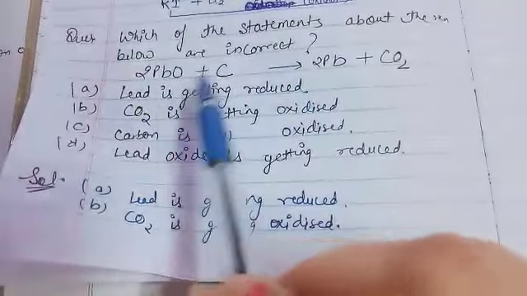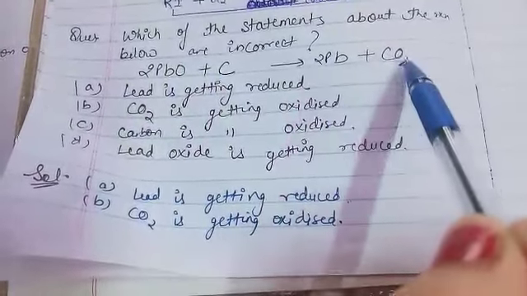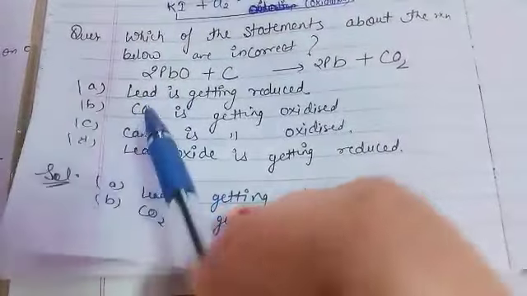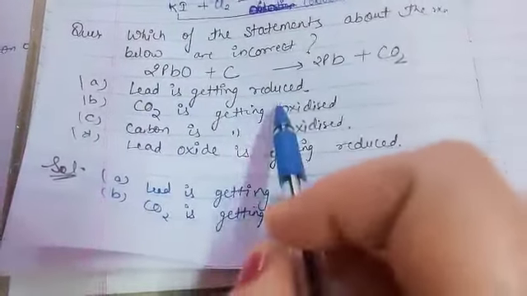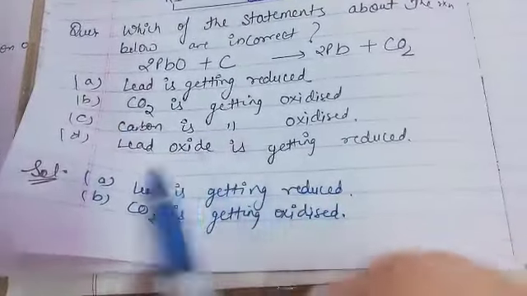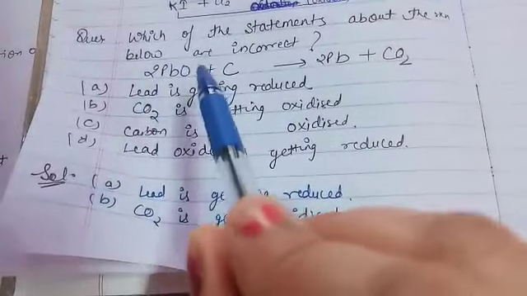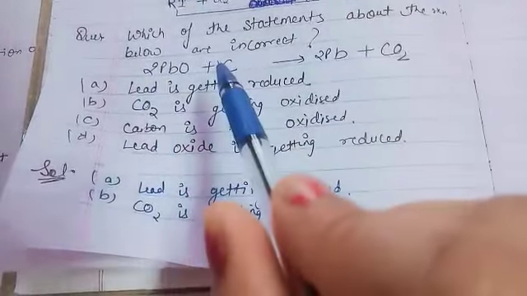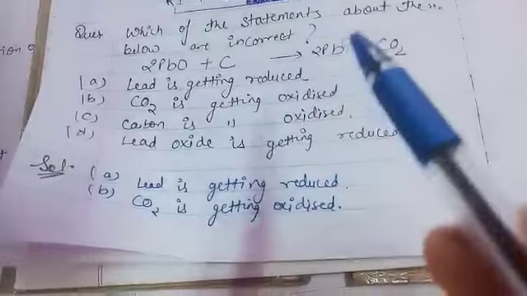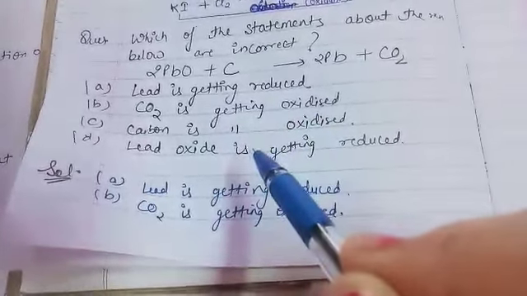PbO plus carbon gives Pb plus CO2. Options given: lead is getting reduced, CO2 is getting oxidized, carbon is getting oxidized, lead oxide is getting reduced. First of all, you have to identify in which oxidation occurs and in which reduction occurs, then you are able to identify the answer.